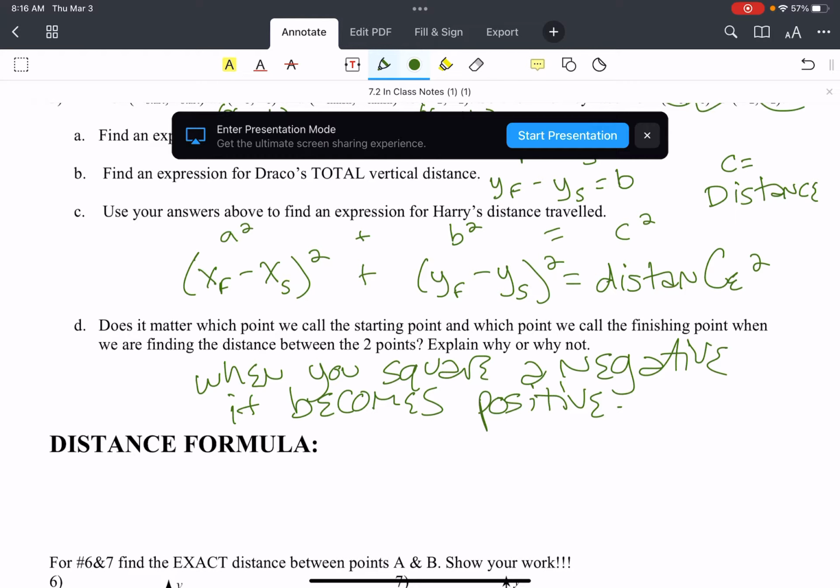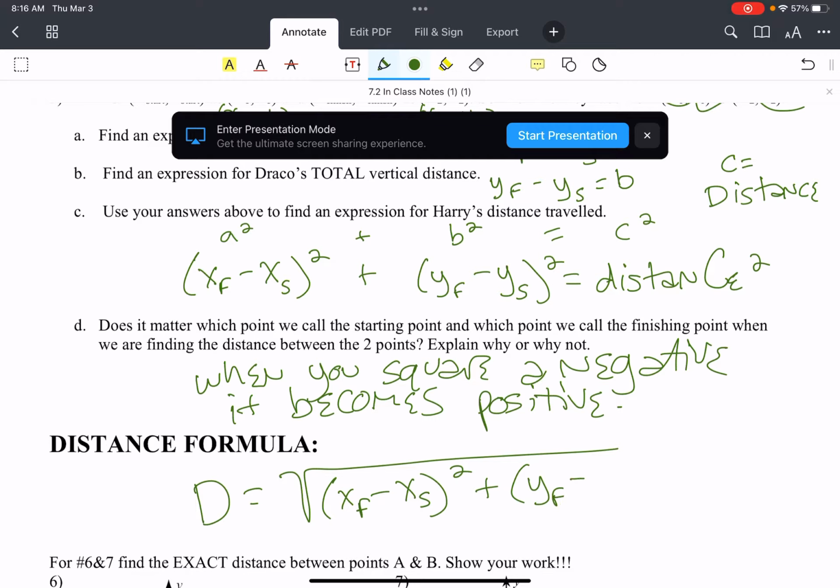Good. Square root, right? Because the only thing on distance is the squared. So here's my distance formula. Distance equals the square root of x finish minus x start squared plus y finish minus y start squared.